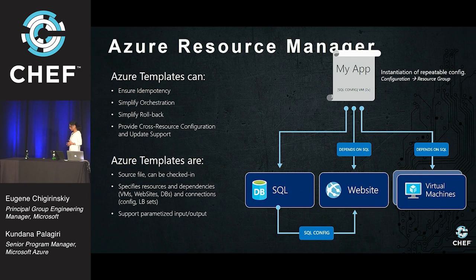Then one last thing that I want to talk about that really brings the power of DevOps is the Azure Resource Manager. How many of you have used Azure Resource Manager or seen a talk about that? Okay, cool. So Azure Resource Manager: when you create resources in the cloud, whether it is a virtual machine or storage or network, normally you think of them as individual entities.